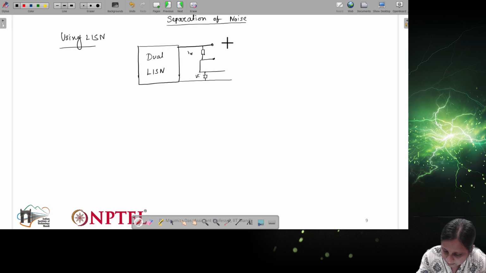This will be connected to one transformer, and this will be attenuated at a 50 ohm resistance. Okay, this is grounded.